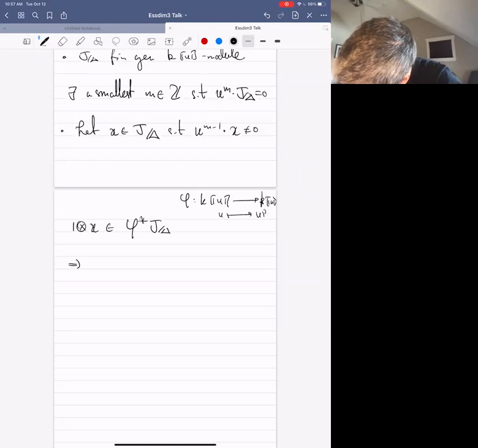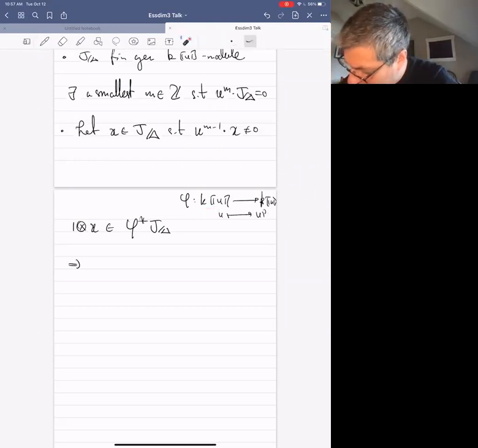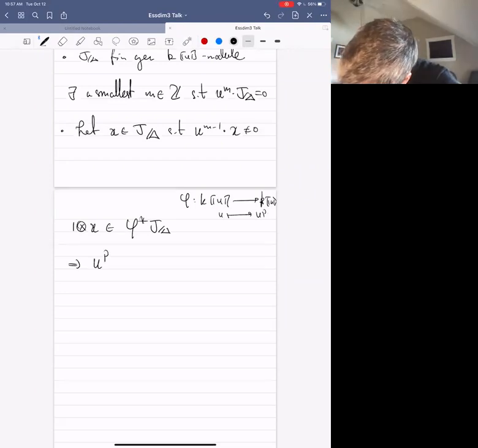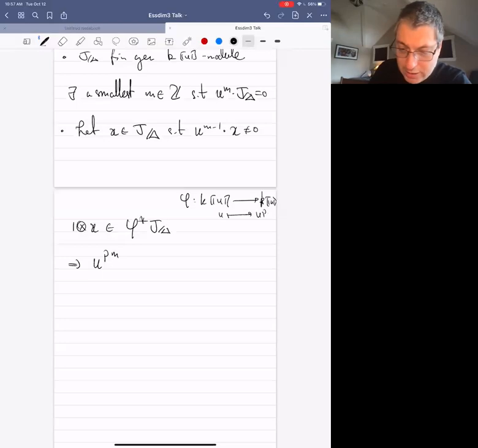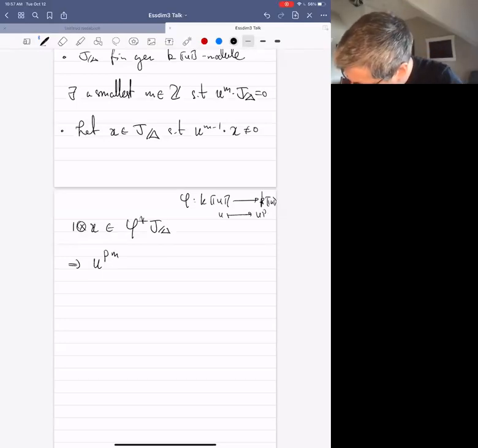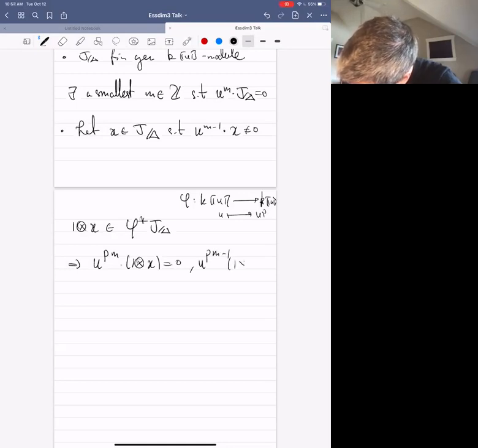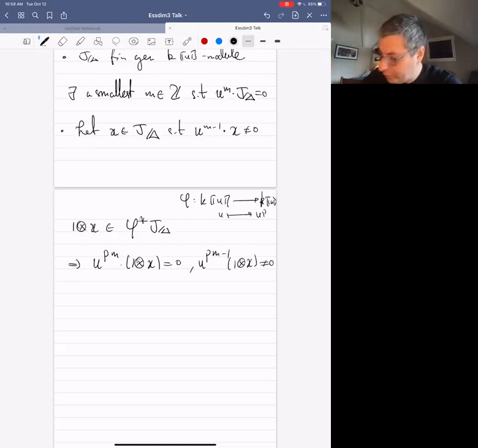So it's easy to see, just because of the structure theory of finitely generated modules over this thing, that for this element, the power of u that I need to kill it gets multiplied by p when I do this Frobenius pullback. So this is 0, but if I drop the power by 1, this is not 0.